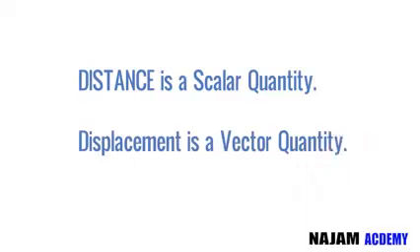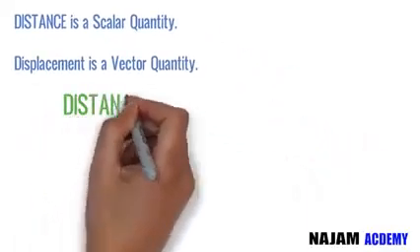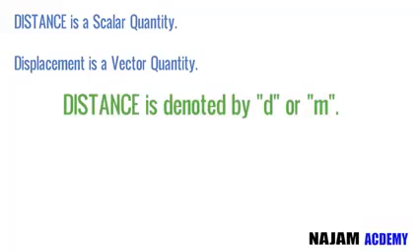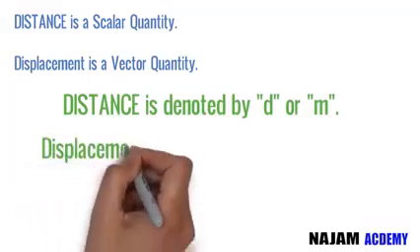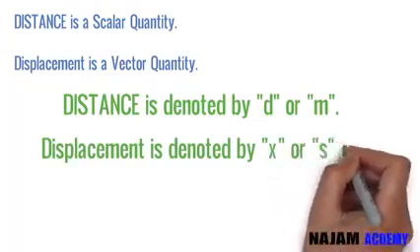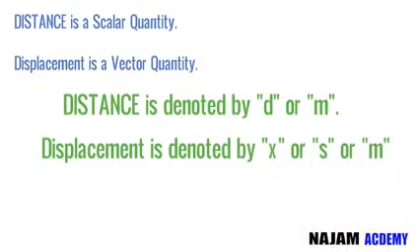Displacement is a vector quantity. Distance is denoted by d, and displacement is denoted by x or s. So this is all about the distance and displacement.